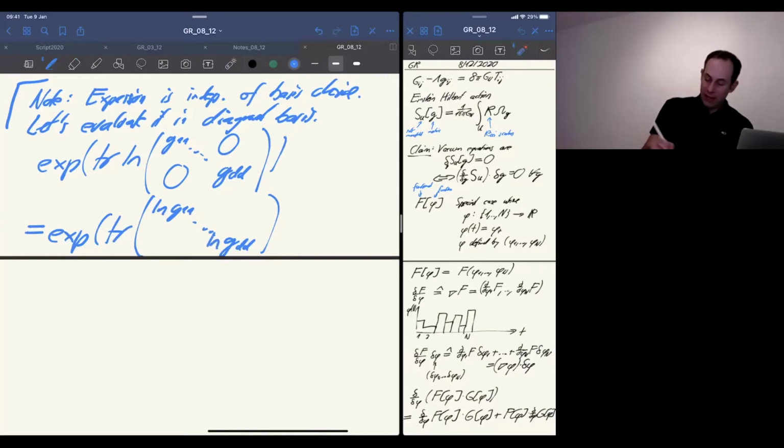And now taking the trace of the matrix, of course, leads to ln G11 and so on, plus ln Gdd.